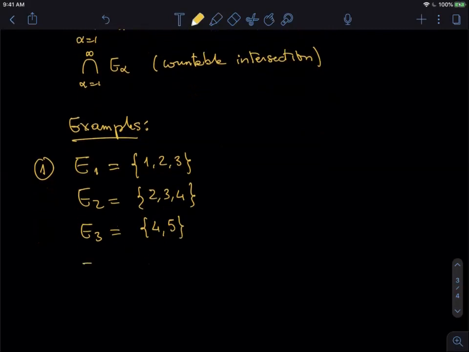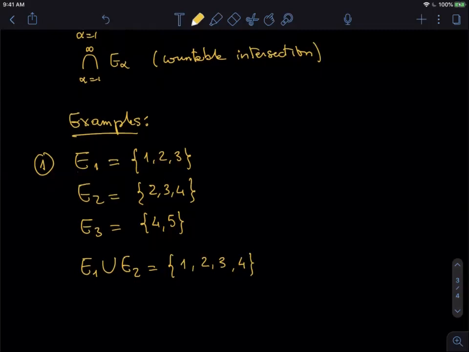Now, I could write the union of E1 and E2, which would be every element that is in at least one. So 1 would be there because it's in E1, and 2 and 3 also. 2 and 3 are in E1 and E2, but that doesn't matter. And then 4 that belongs to E2. But the intersection in this case would be the ones that are in both of them, so it would be 2 and 3.